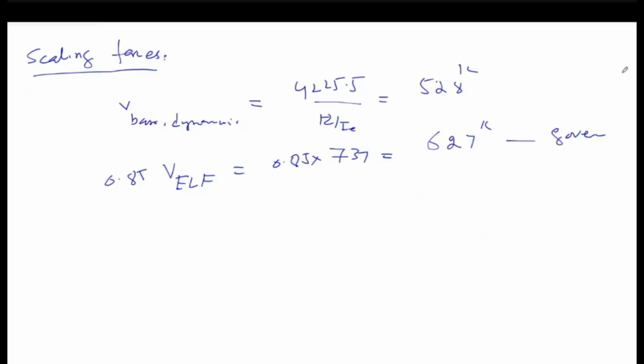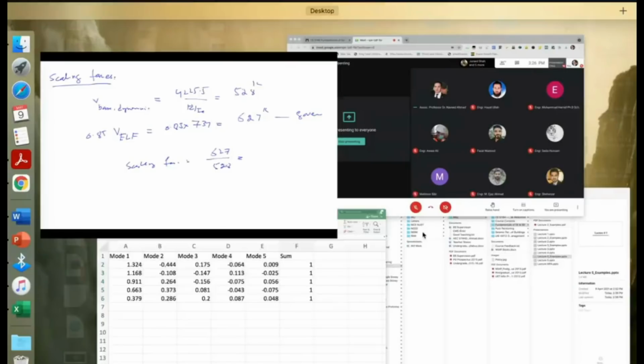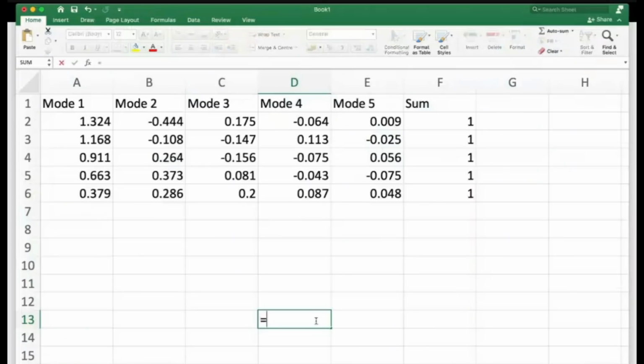So what we have to do, the scaling factor will be equal to 627 divided by 528. Okay, so let me just calculate here. 627 divided by 528. 1.187 or 1.19 you can say.